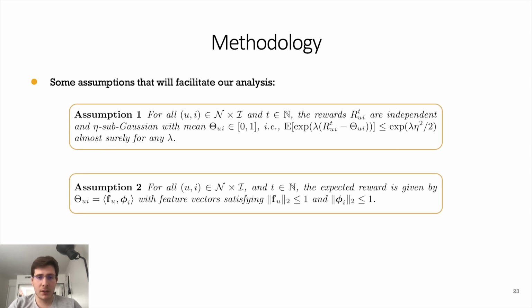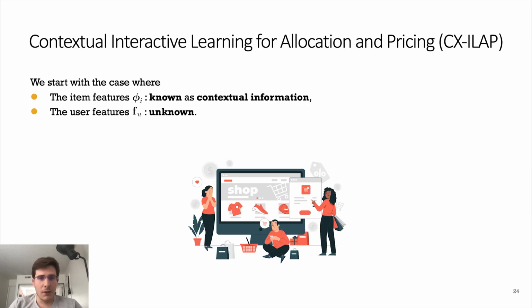To facilitate our analysis, we need to start with some assumptions. The first one is going to be that the rewards are independent and sub-Gaussian. And the second assumption is going to state that the mean rewards of the users for different items are given as the inner product of feature vectors f_u and phi_i. We start with the contextual case, where the item features are known as contextual information to the provider, and the user features are unknown.